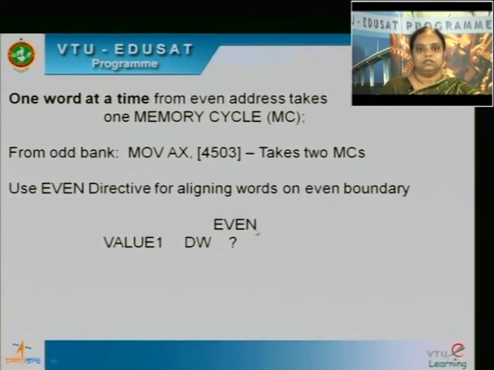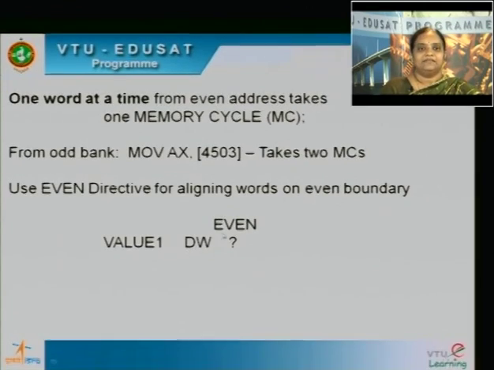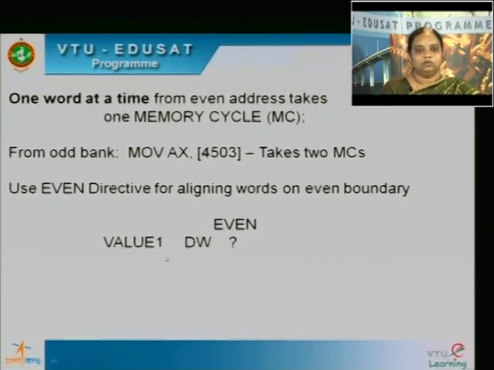So after using the assembler directive even, whatever variable we give, here for example value 1 is a variable, DW question mark is just assigned, data is not put in it, previous data can continue. So value 1 is a 16-bit variable, and this variable will have an even address, and the following all will also have an even address.